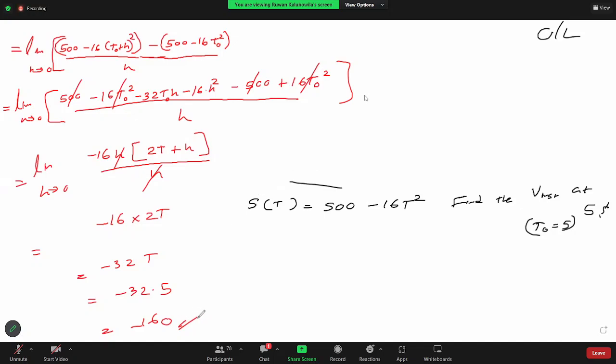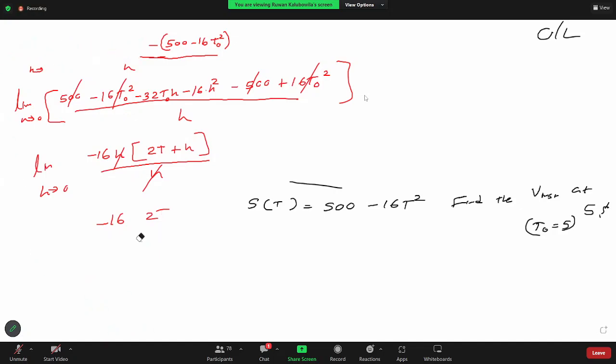Instantaneous velocity. Okay, now the same question. Can you do this?